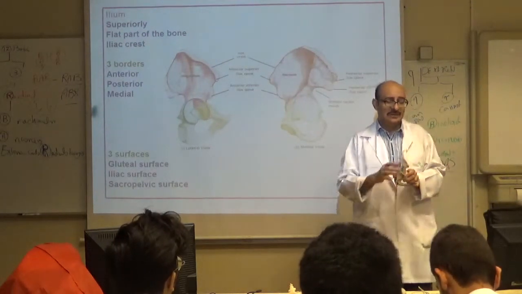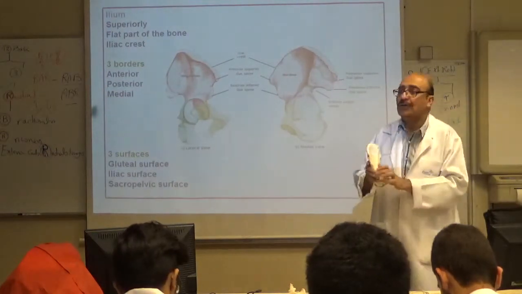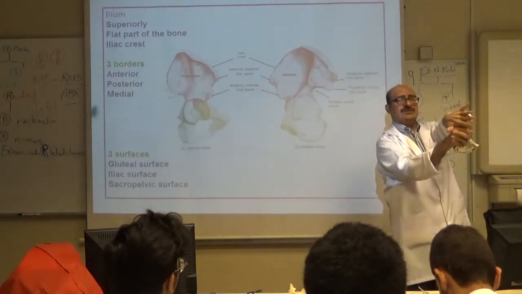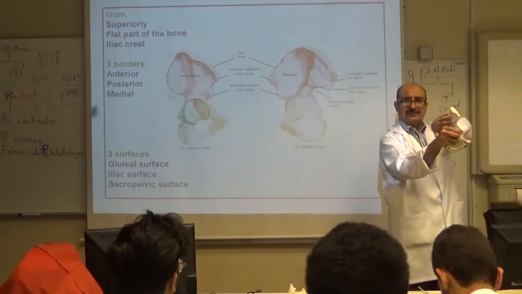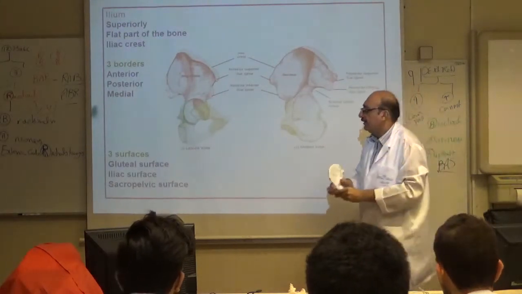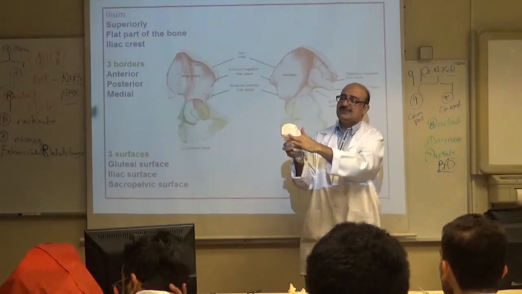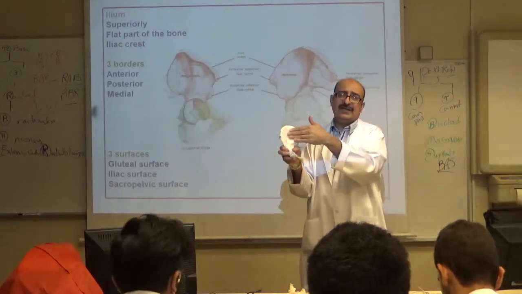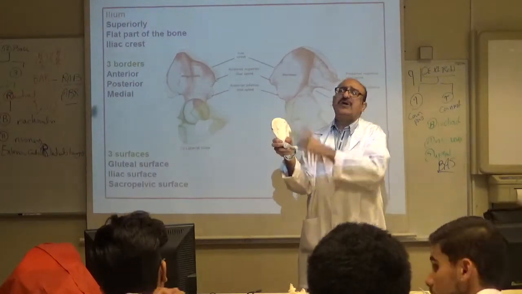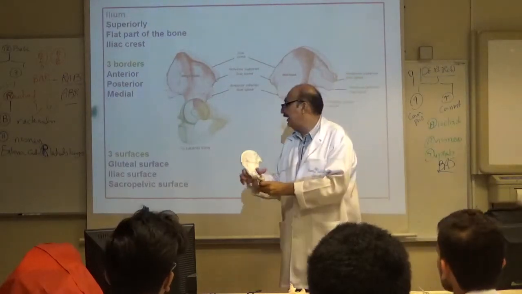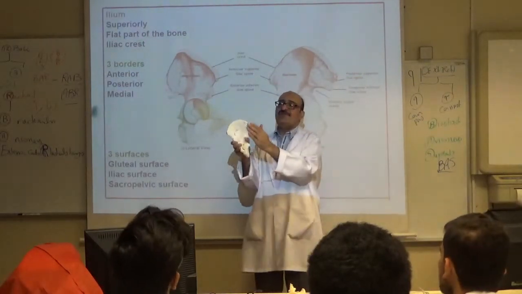Clear now? Yes. Surfaces. Gluteal surface, outer. Then, iliac surface. This small, smooth, inner iliac surface or iliac fossa. Then, sacropelvic surface. This rough part.